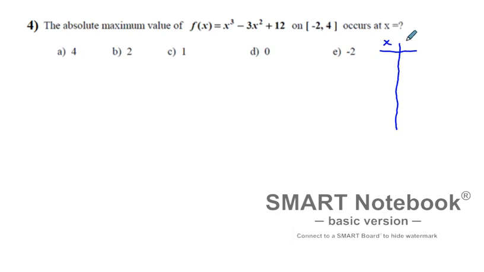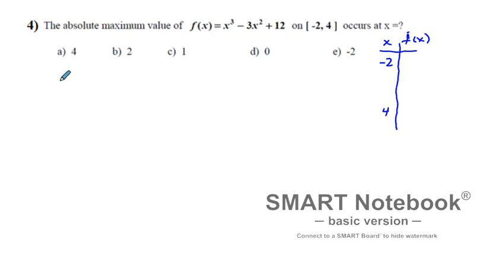So we have x and f of x. We know that endpoints can be maximum. And by the way, this is the absolute value theorem. So x equals negative 2, x equals 4, and anything else we see in between, which could be some of these other answer choices.